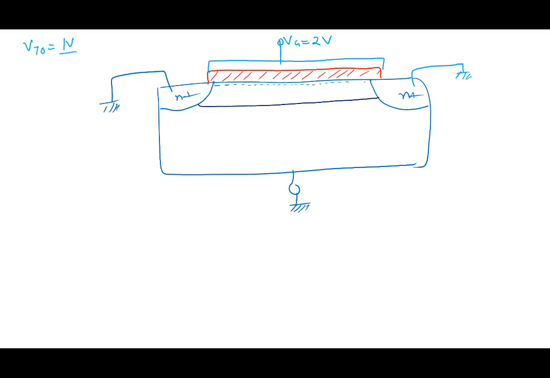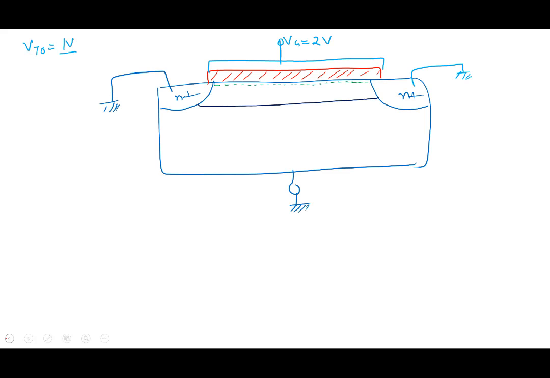All these electrons are there. The channel exists. As I said, we also call this the inversion charge, Q inversion. The channel is also called Q inversion, inversion charge.